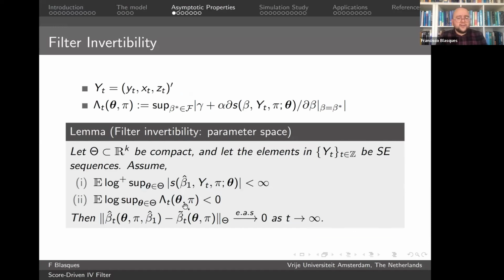Typically you need a contraction condition. This is like in an AR(1) model, saying that your parameter rho must be smaller than 1 in absolute value. The conditions that we associate with stationarity are also stability conditions, fading memory conditions.